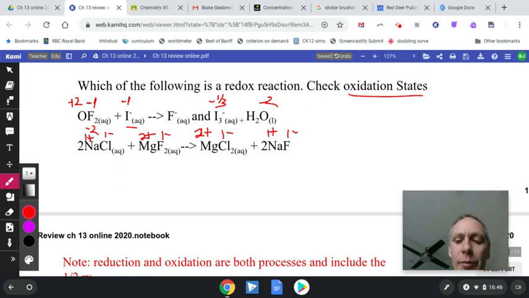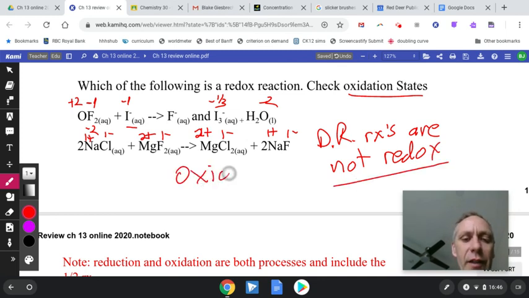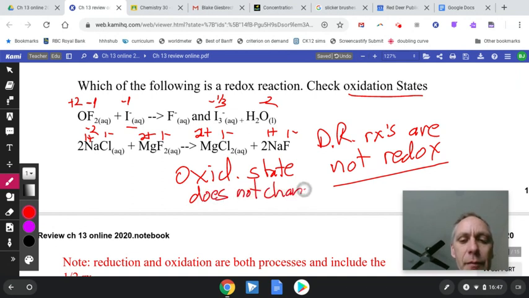Okay, this is a double replacement reaction, and double replacement reactions are not redox reactions. There's no gain or loss of electrons. Everything keeps its oxidation state. So when you see those, you can classify it as not a redox reaction. Oxidation state does not change. Okay, so those are a good example.